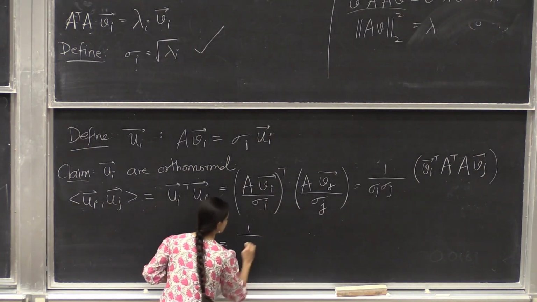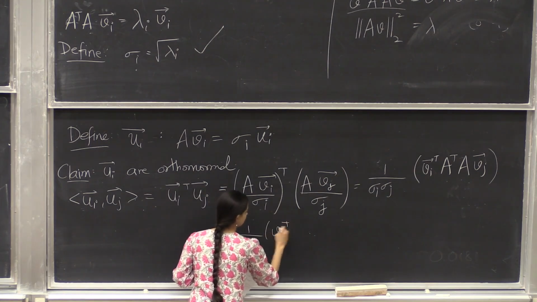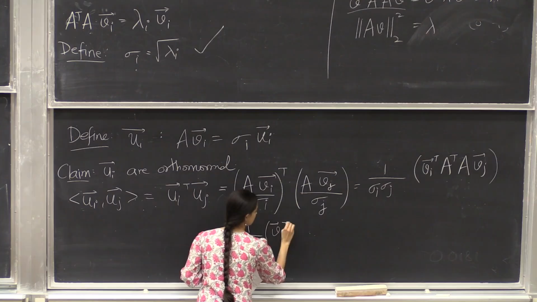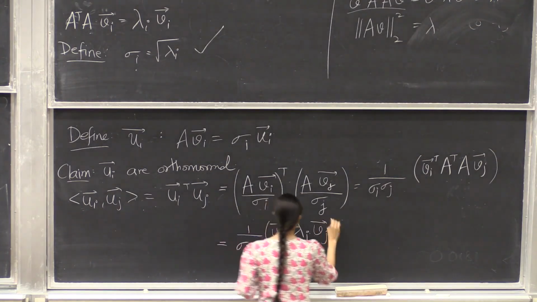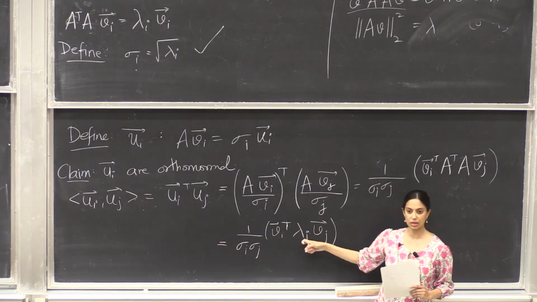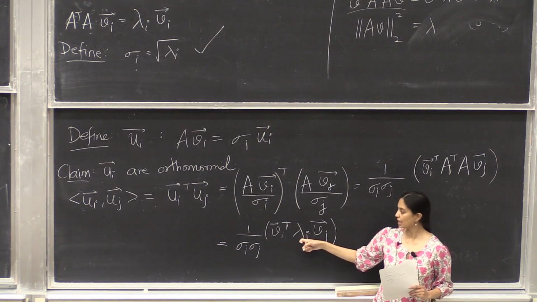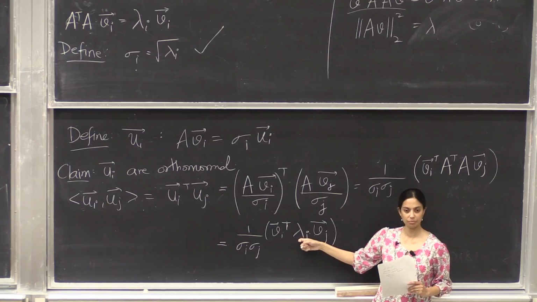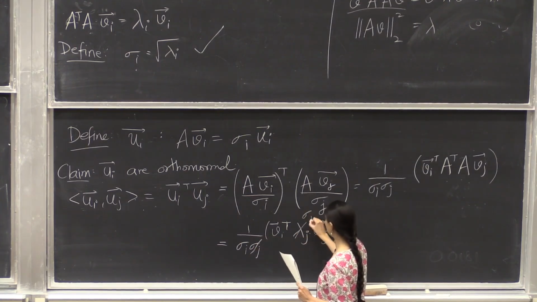So I have this 1 over sigma i sigma j vi transpose lambda j vj. But now this lambda j is a scalar. So what is lambda j in relation to sigma j? It's just sigma j squared, right? So this sigma j cancels, and I get a sigma j remaining here.